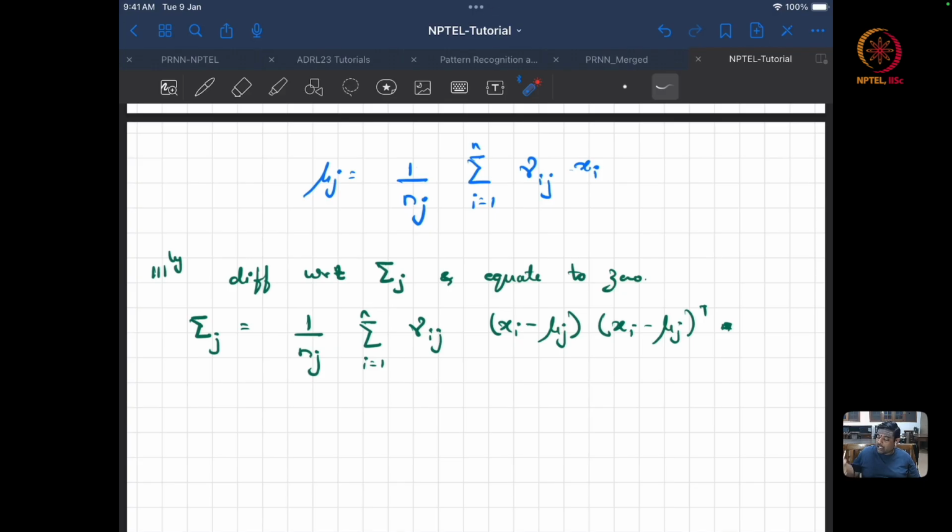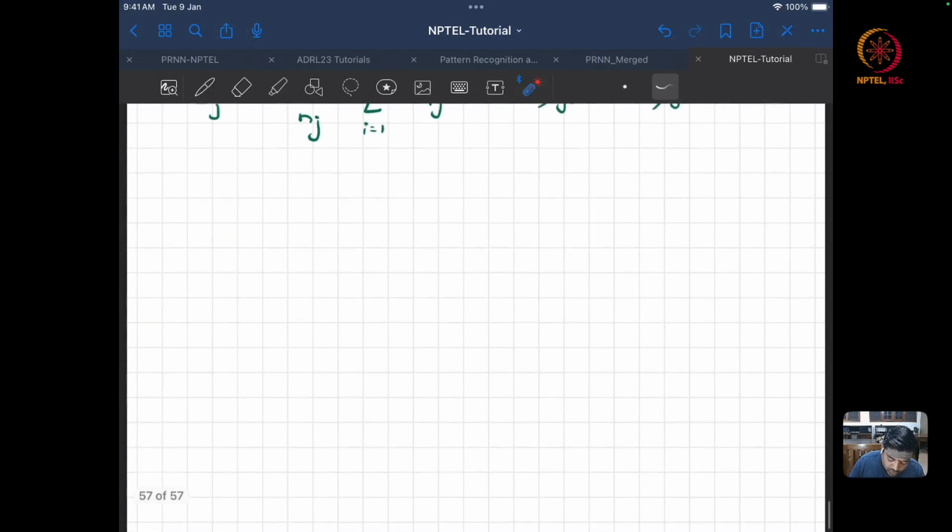But what happens in K-means is a hard assignment. You say that this particular data belongs to this particular cluster. That is what is known as a hard assignment. So now let's see how it nicely comes out of this.